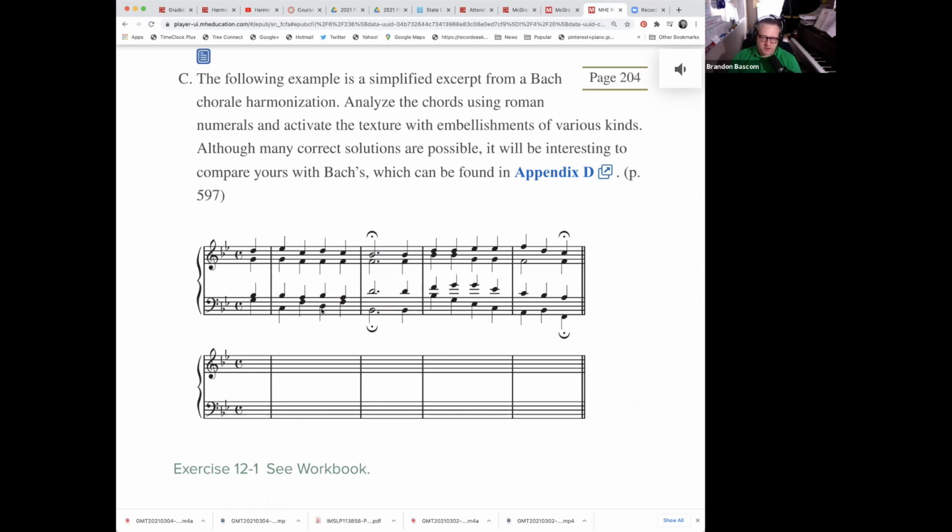Although many correct solutions are possible, it will be interesting to compare yours with Bach's, which can be found in Appendix D. We are in... We're in what key?